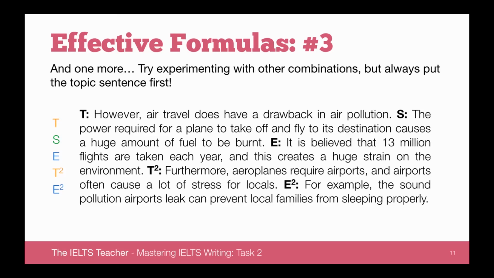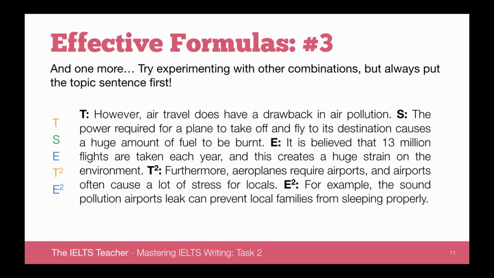Now we follow that up with another topic sentence which links back to the first one. Quite similar. So we're talking about drawbacks, and here's another drawback. Furthermore, aeroplanes require airports, and airports often cause a lot of stress for locals. An example of this: for example, the sound pollution airports leak can prevent local families from sleeping properly.